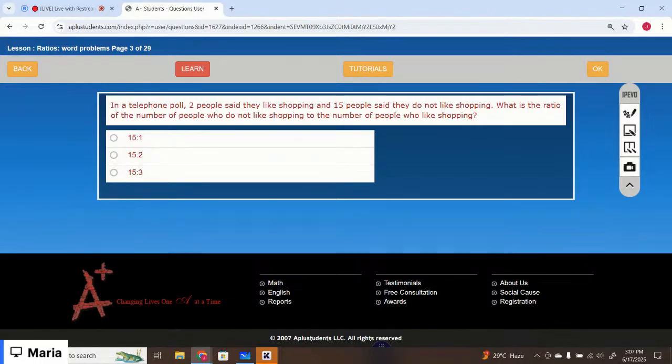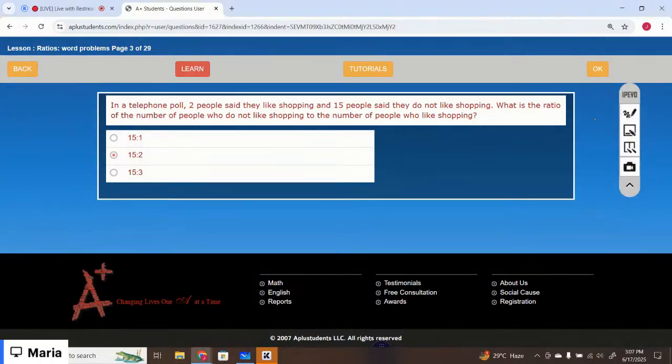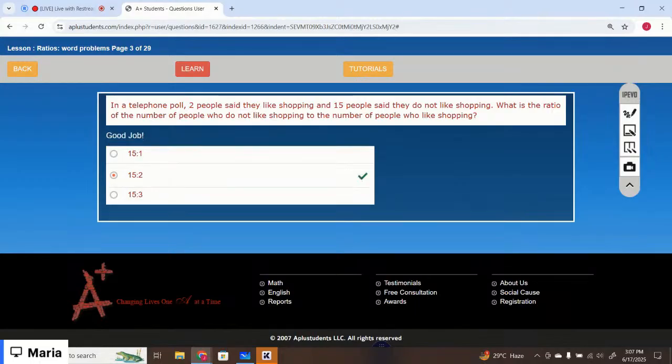So that is 15 ratio 2. Option number 2 is the correct option.